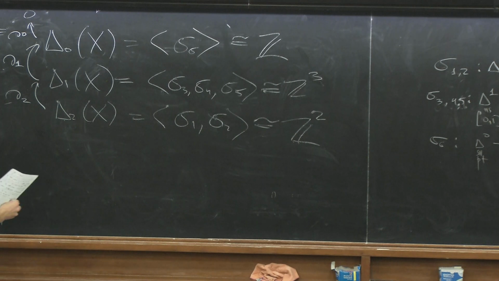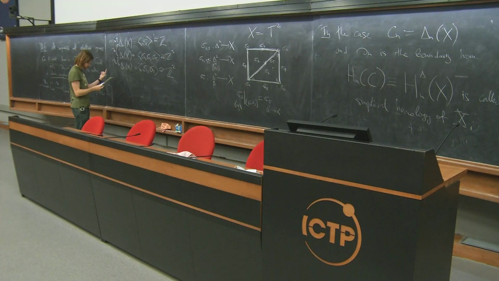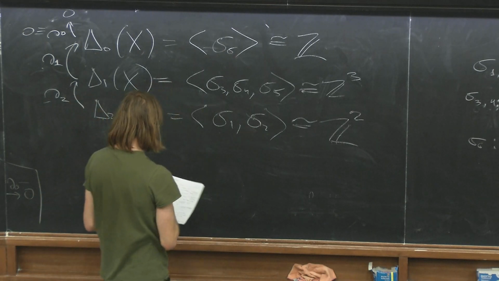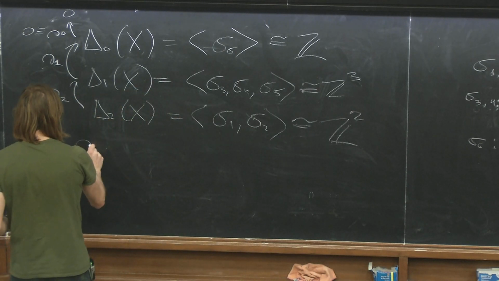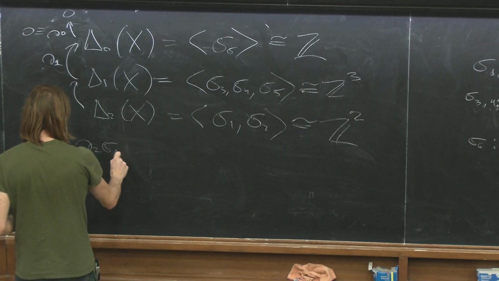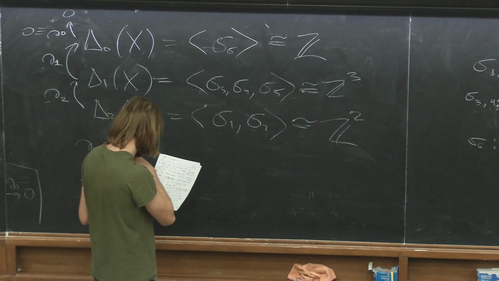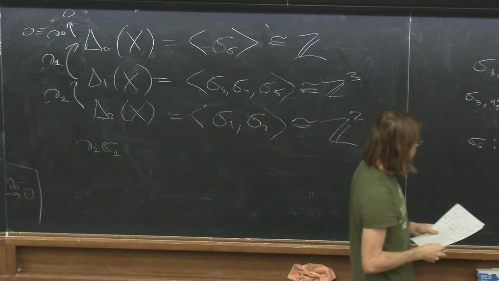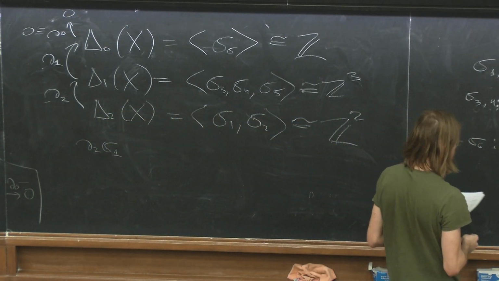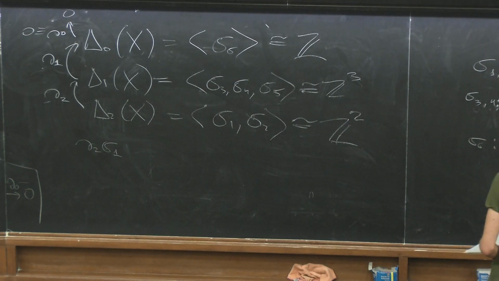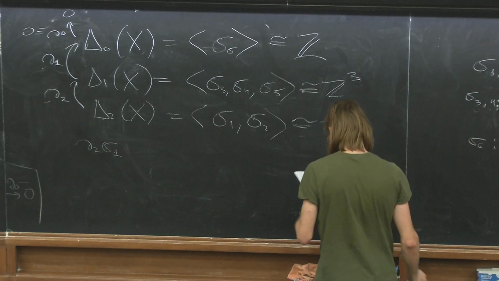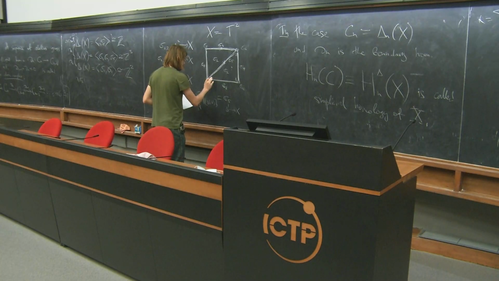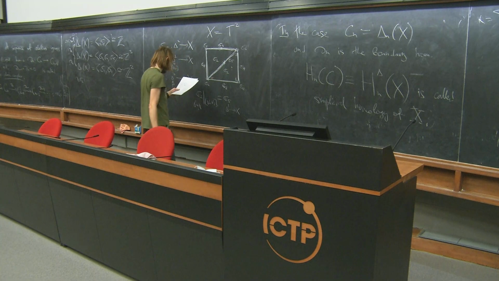Okay, so let's consider first D2. Again, we just need to determine it on our generators. So D2 of sigma 1. Here we need to be careful, and we need to fix an order of vertices.